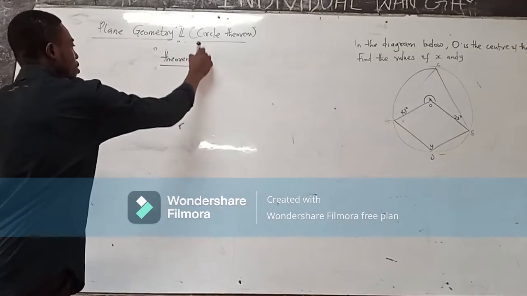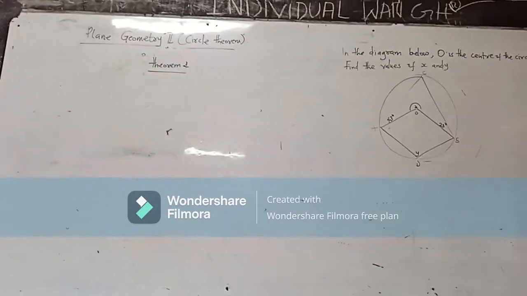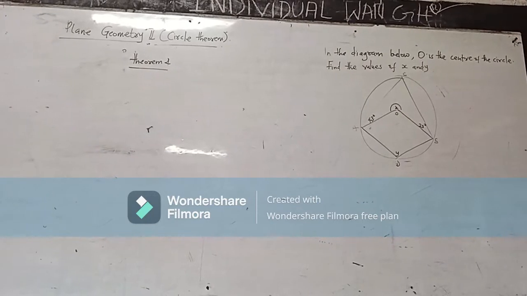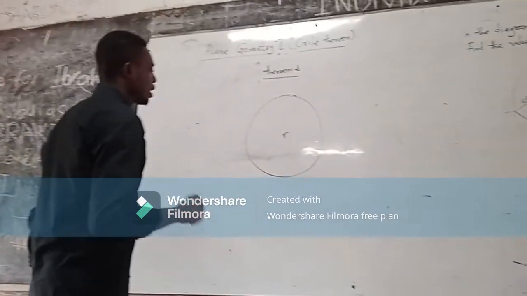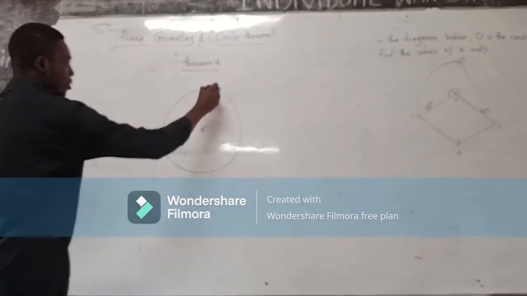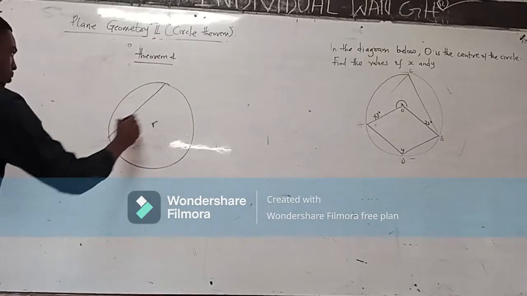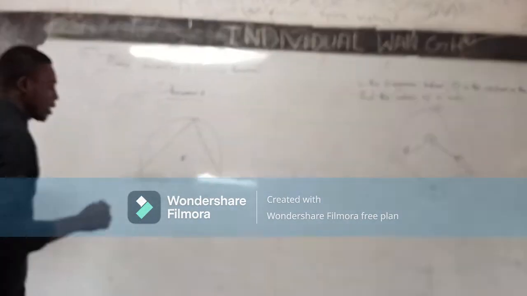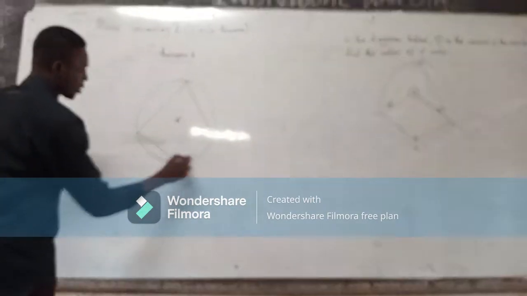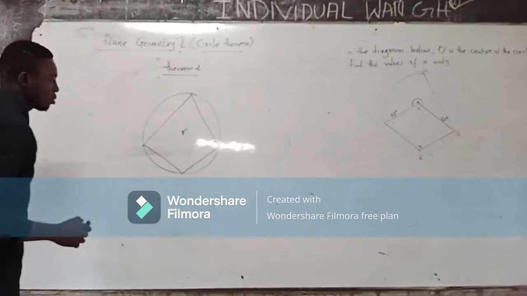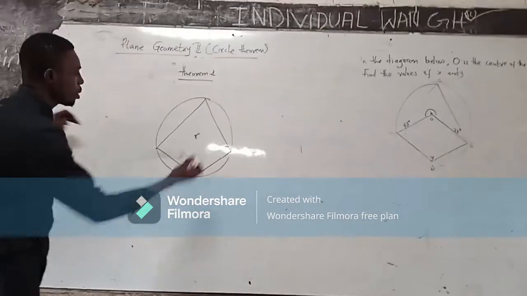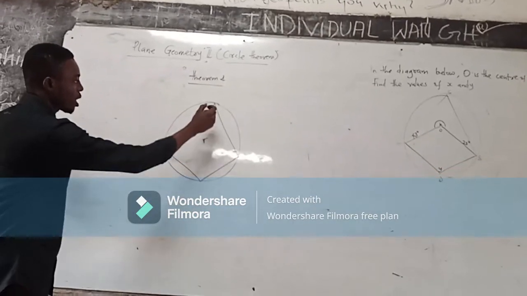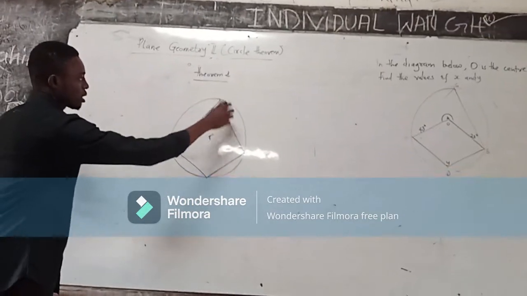So theory 4, or rule 4, is saying that if we have a circle, and this circle has a chord building an angle, or an arc building an angle, the same chord or the same arc builds two opposite angles, and they are all touching the circumference.